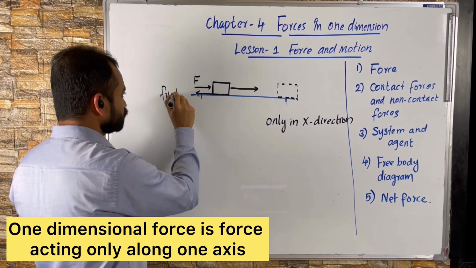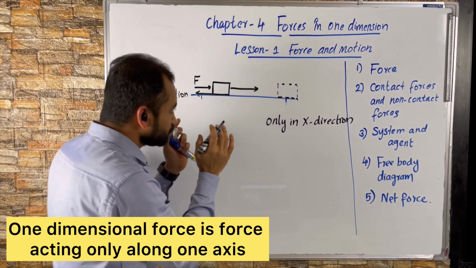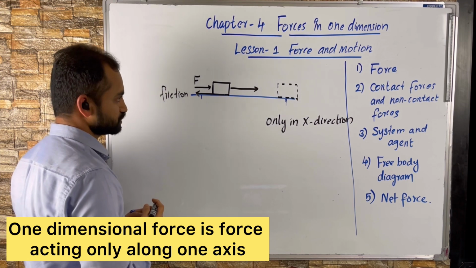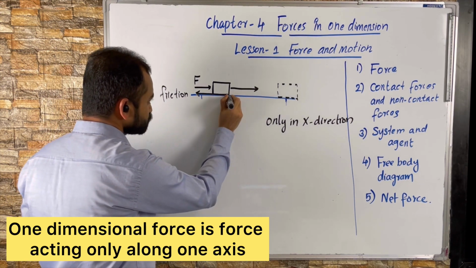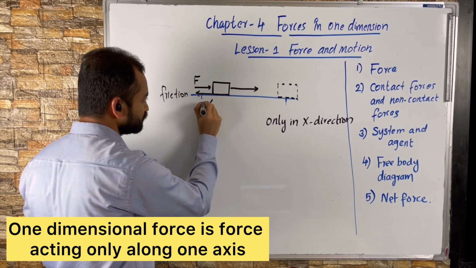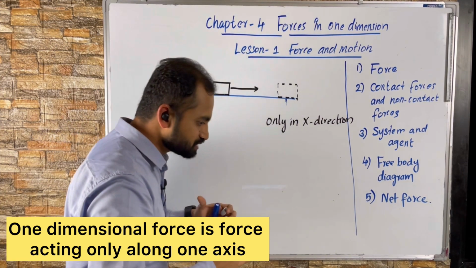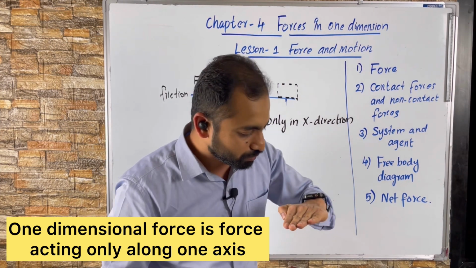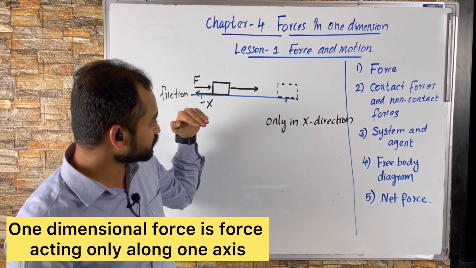The ground will be pushing the box in the opposite direction. That is called the frictional force. You can see this also acting along the x direction, right? In this case, it is in the negative x direction, but it is in the x direction, right? Not in y direction.